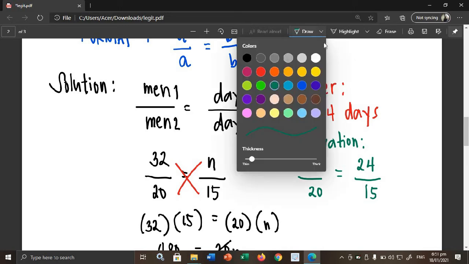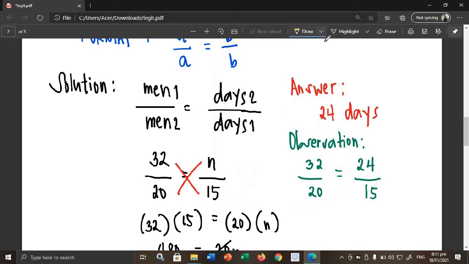Okay? So, let's observe this. So, these are the number of your men, diba? This is the number of your men and these are the number of days sa problem. Okay? So, nung una, yung 32 men mo, naging 20 na lang. So, in short, from 32, naging 20 siya. Ibig sabihin, nag-decrease yung number ng men mo nung una.